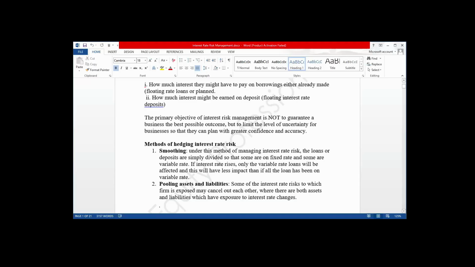The first part, you are going to take on a fixed rate. The second part of the loan will be at a variable rate.